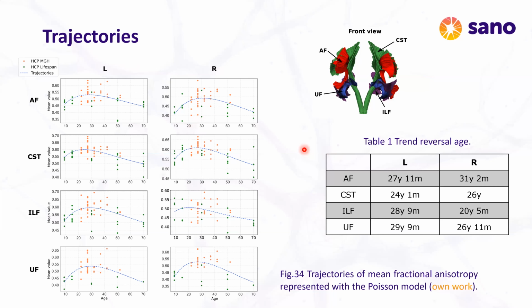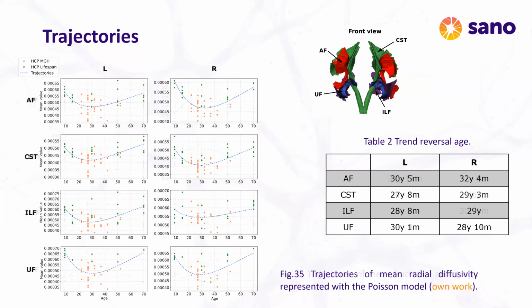And the rate of changes observed in adolescence and early adulthood is greater than later in life. And the radial diffusivity shows an opposite trend to fractional anisotropy, and the minimum occurs a bit later in life, mainly between 28 and 33 years.